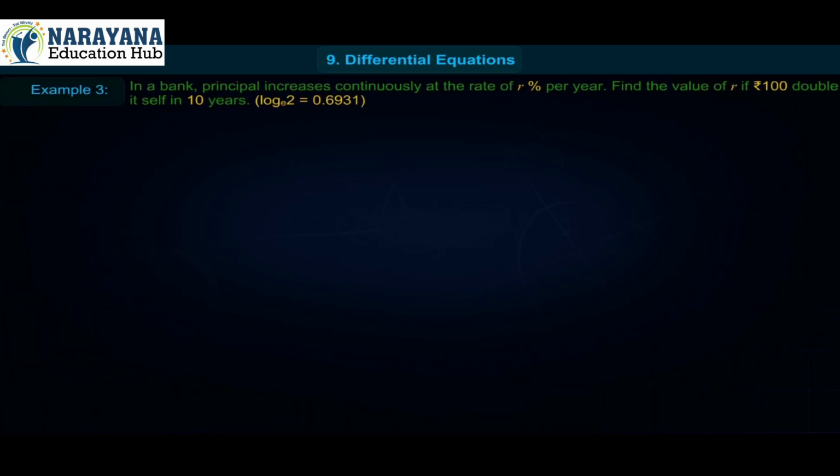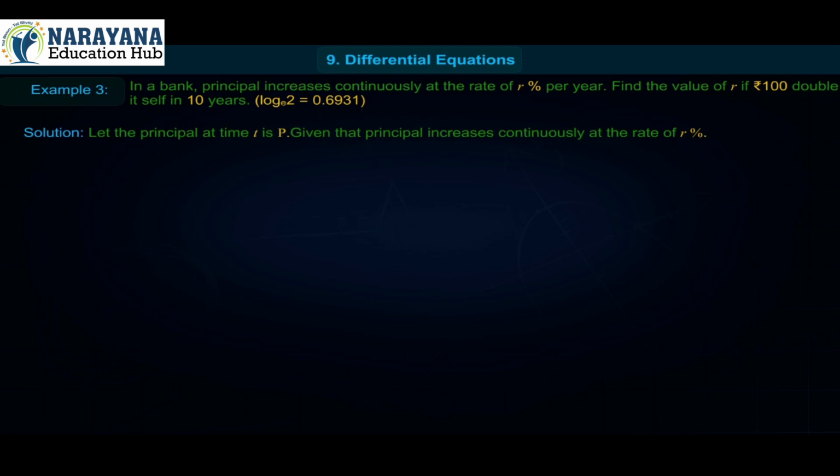Example 3. In a bank, principal increases continuously at the rate of r% per year. Find the value of r if rupees 100 double itself in 10 years, where log of 2 to base e is equal to 0.6931. Solution: let the principal at time t be p.